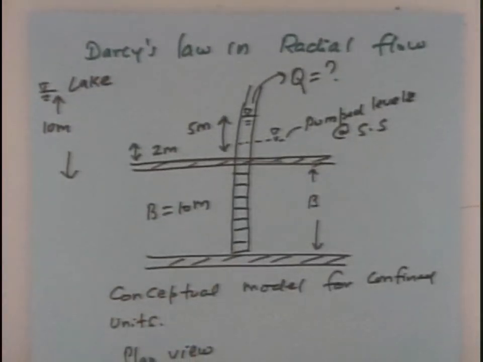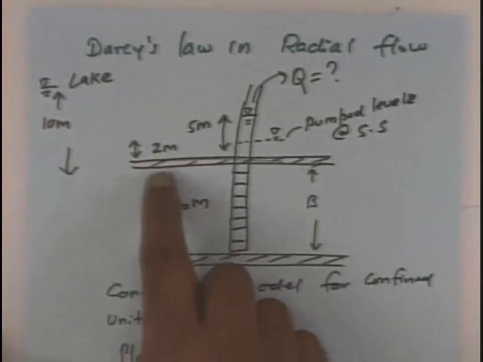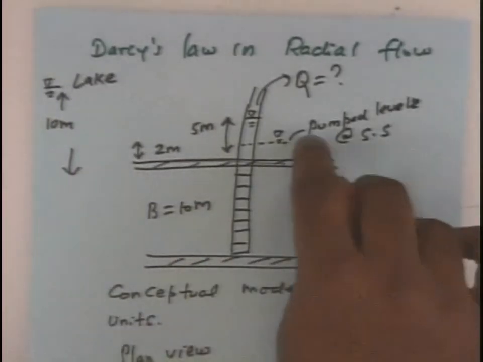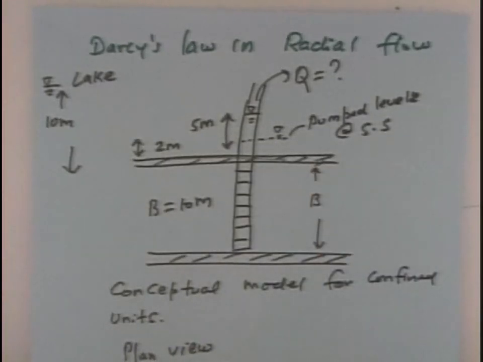Can you visualize this problem? It's a very simple problem. Imagine a big cylinder, and I poked a hole in the center. At the extreme boundary, the head is 10 meter. This is going to be our datum. Right at the center where I'm pumping out, the head is 2 meter. The question is how much water is coming through the well.